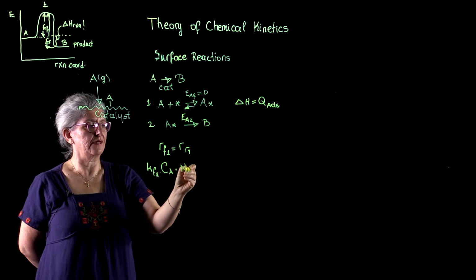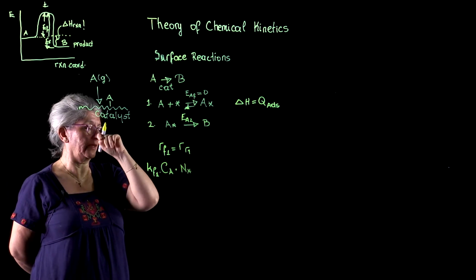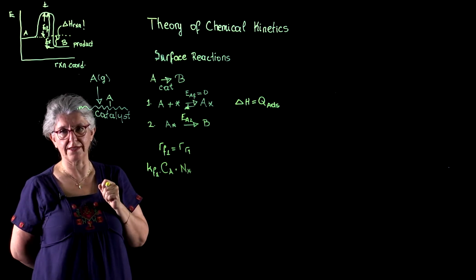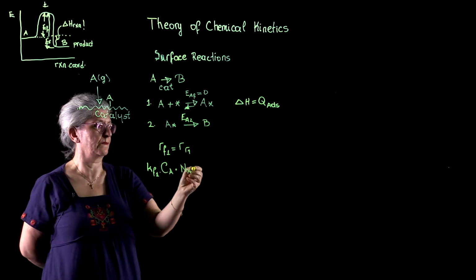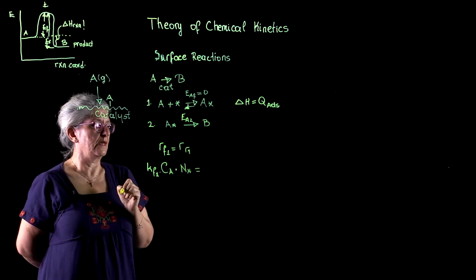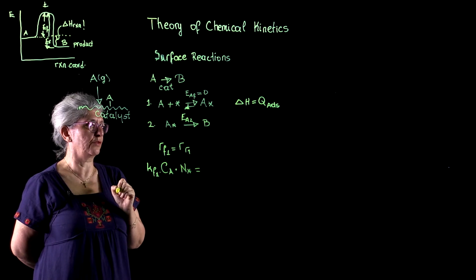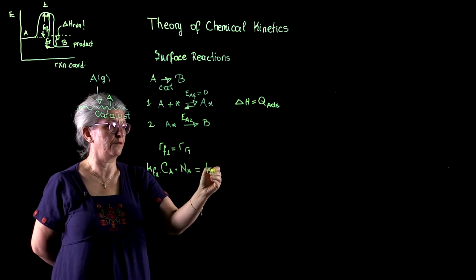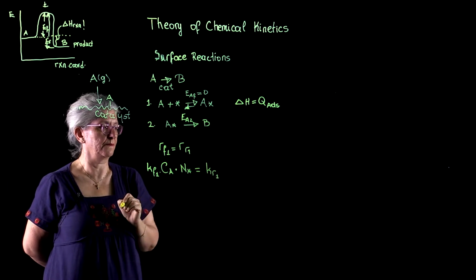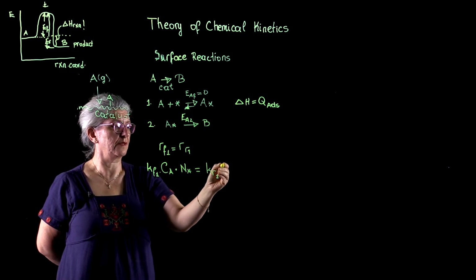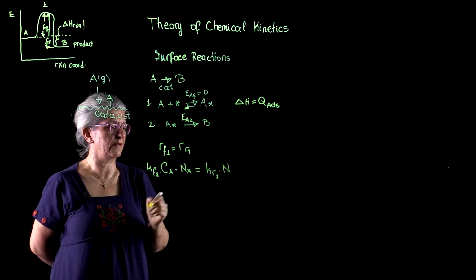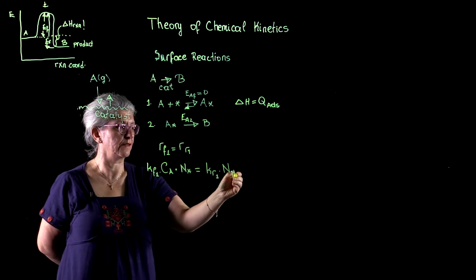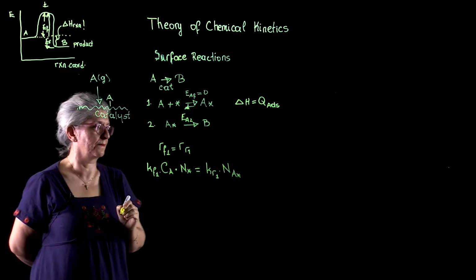And I will write N star to indicate the number of sites that are available. This is going to be equal to the reverse rate, k reverse 1 times, I'm going to write N of A star.